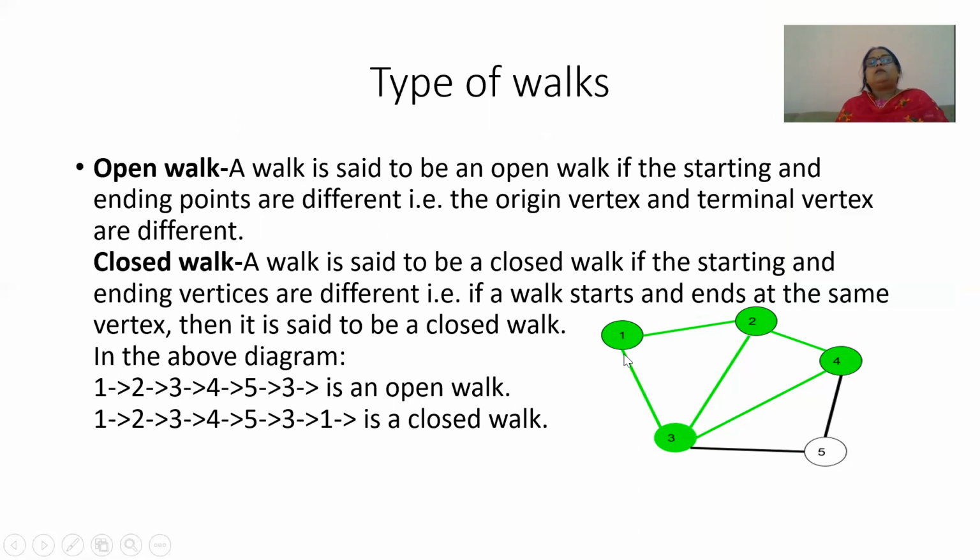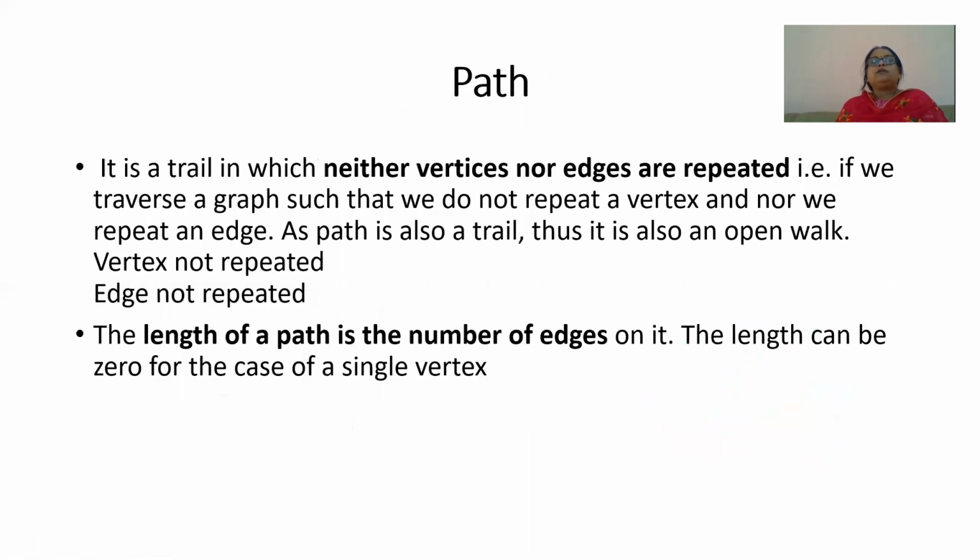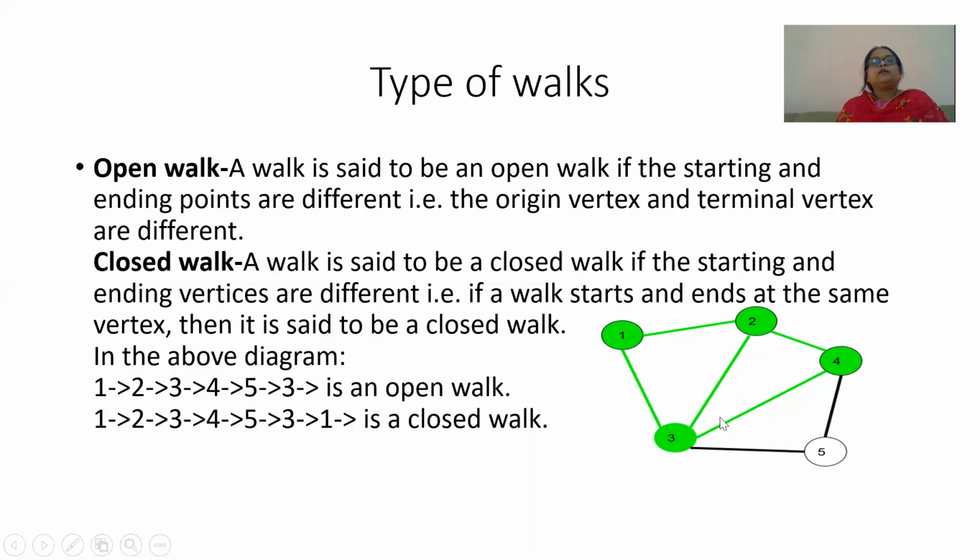In a closed walk, the start and end vertex are the same. 1, 2, 3, 1, 2, 3, 4, 5, 3 is an open walk. 1, 2, 3, 4, 5, 3, 1 is a closed walk.